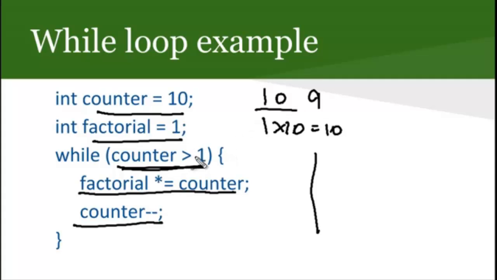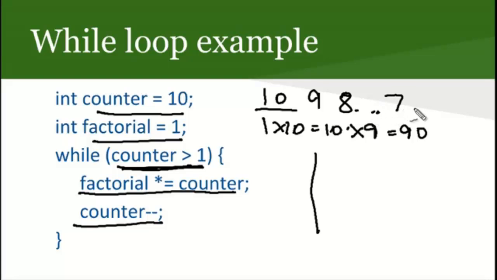On the subsequent steps, counter is still greater than 1, so again the statements will be executed. Factorial will be multiplied by counter, so 10 times 9 will be 90, and again counter will be decreased by 1. The steps will keep on happening while the condition is true.